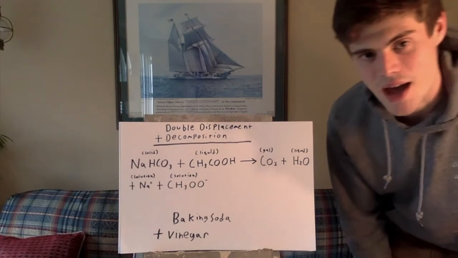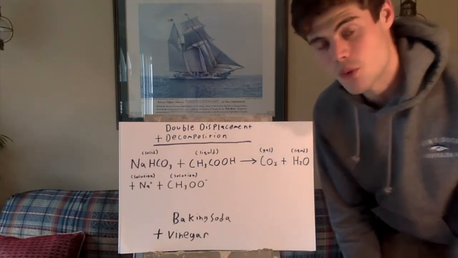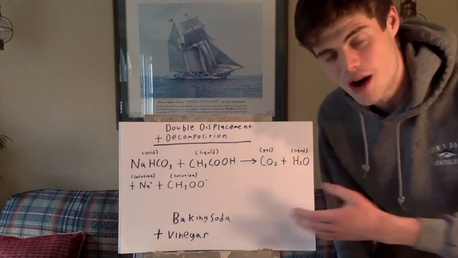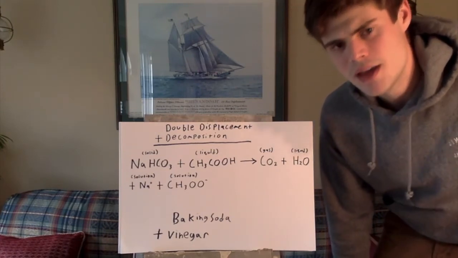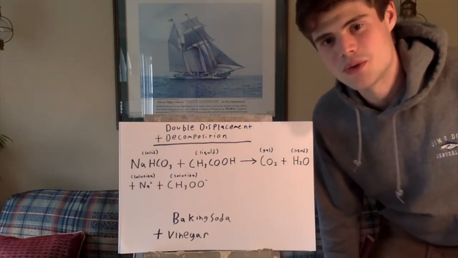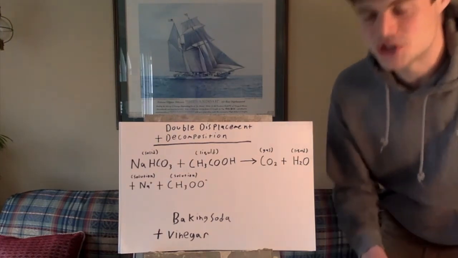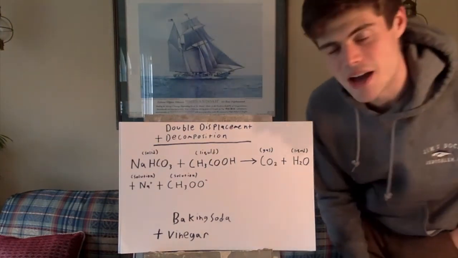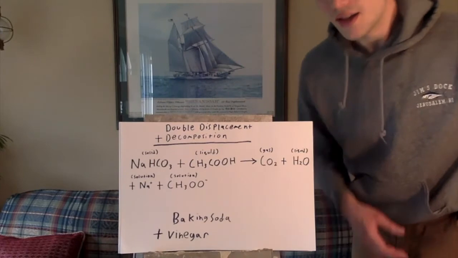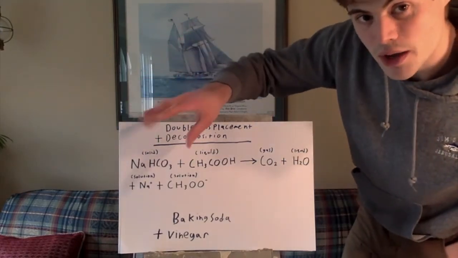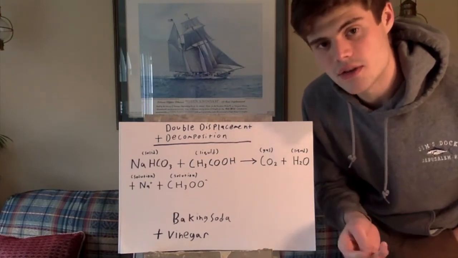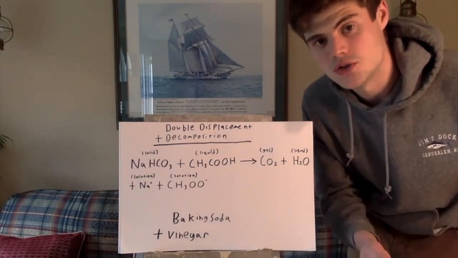So we were looking at our reaction equations before, and here is a more complex equation than either of the 2 that we looked at earlier. This is a double displacement reaction that also has a decomposition part to it. And as you can see, there's quite a bit more going on here, but this is an experiment that you can do at home.